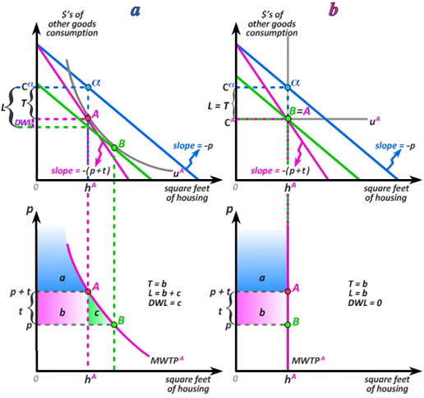The consumer surplus at point A, at the higher price P plus T, is again equal to the area little a.